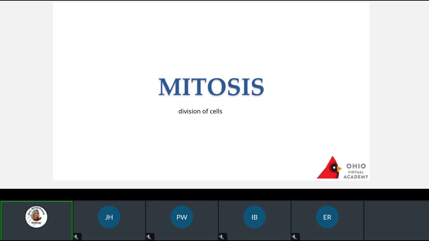What can you tell me about the two cells that we make in mitosis? Tell me about how they end. What do they look like when they end?